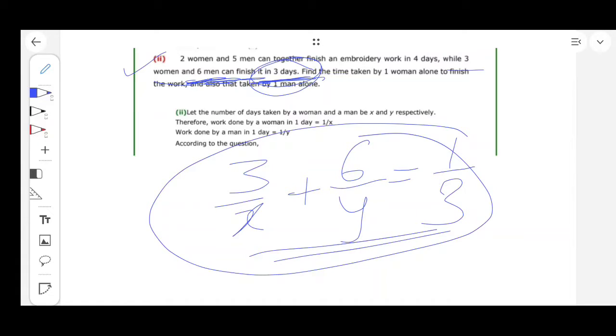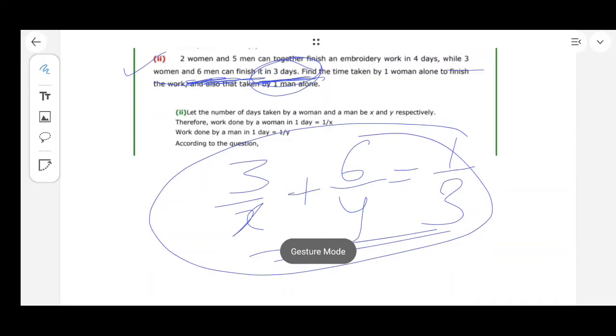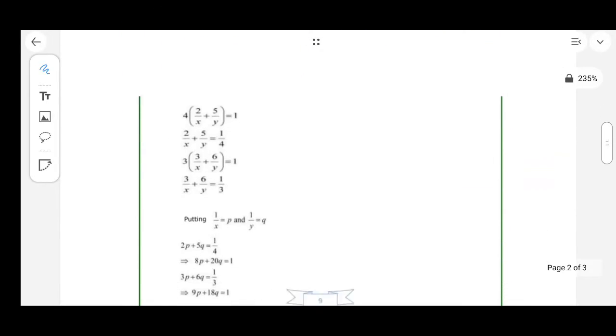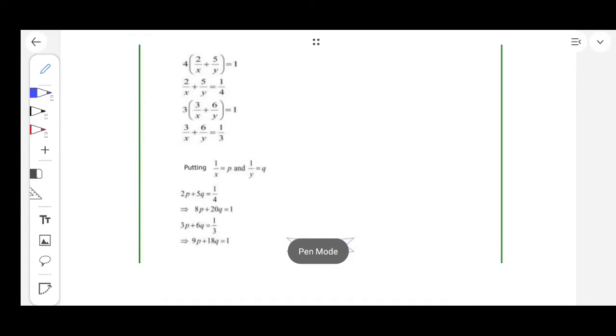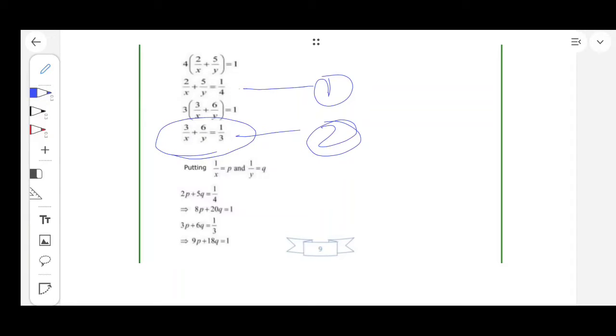So let's see how to solve this problem. So according to the given conditions, we have equations. This one is first and this one is second. Okay, hope you understand how we got these equations. Clear?